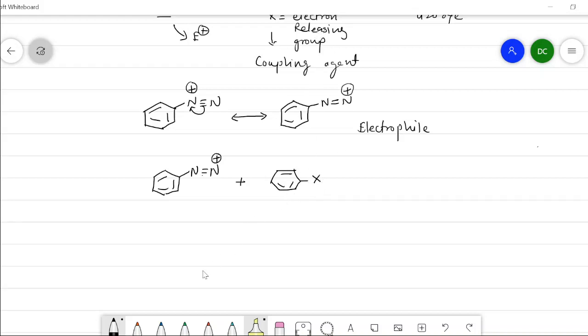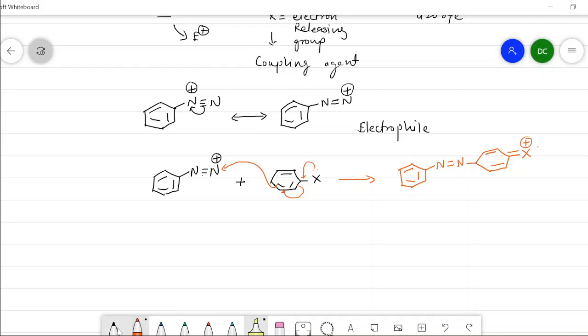Now the attack occurs in such a way that the electron releasing group donates the electron here, then this will shift here and attack this nitrogen, so that we get N double bond N attached to the carbon which is para to the X. So we get a complex. Here there is a positive charge.